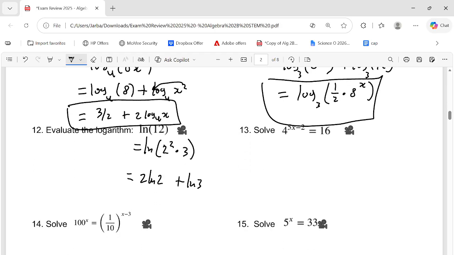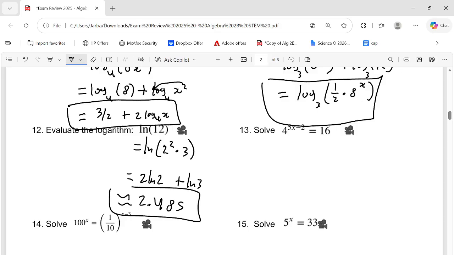But when saying evaluate, it usually wants a number. So if you were to put that into your calculator, you would get about 2.485. You could just put the original into your calculator, but I'm just showing you how you can break that apart.